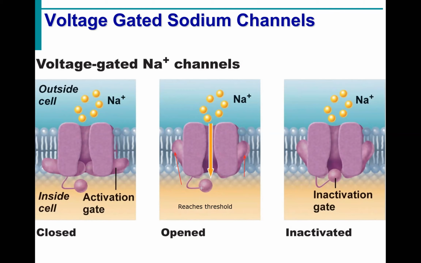But notice this ball of the ball and chain just randomly wedges itself in there. When it wedges itself in there, now the channel is inactive and the sodium can no longer enter. And the only way to get rid of that ball is to close the gates. Notice when the gates come down, they kick the ball out. And once the ball is kicked out, once the channel is closed, then it can be opened again.